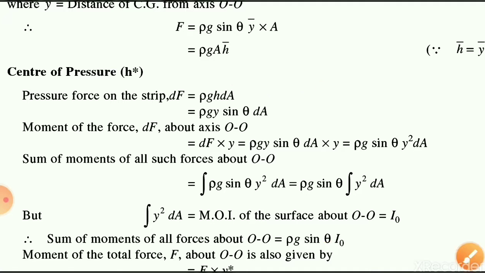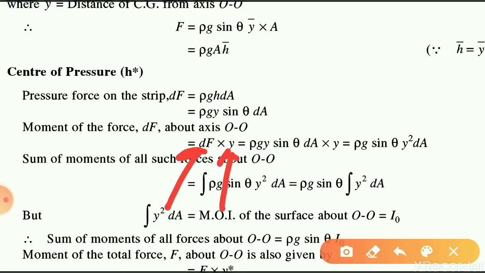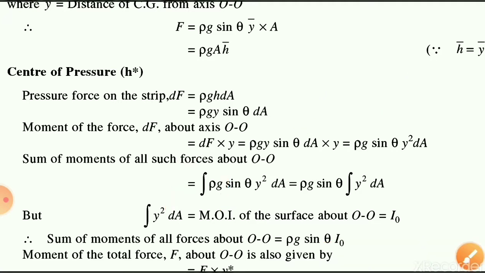Now if we take the moment of this force dF about the axis OO, then the moment will be equal to force multiplied by its distance from that axis. So the force is dF, multiplied by the distance from the axis OO, which is y. So it is equal to ρ g y sinθ dA multiplied by y, which can be simplified as ρ g sinθ y² dA.